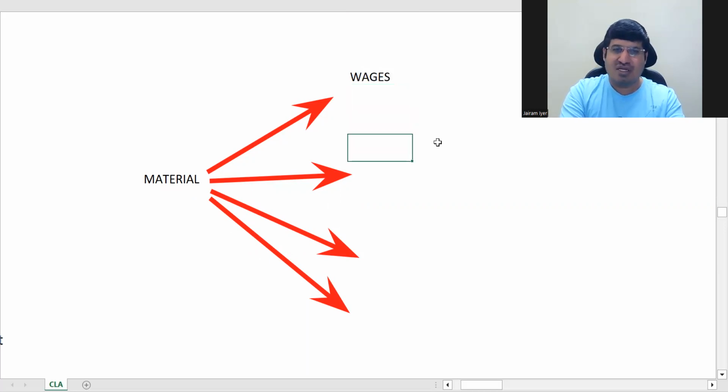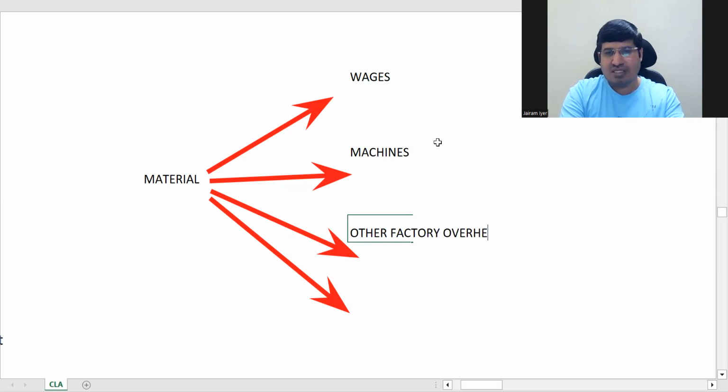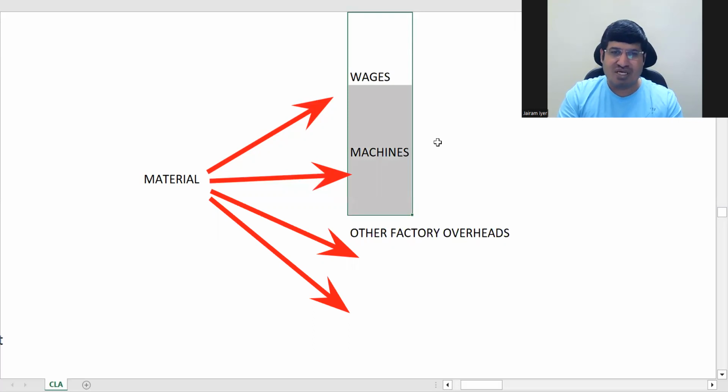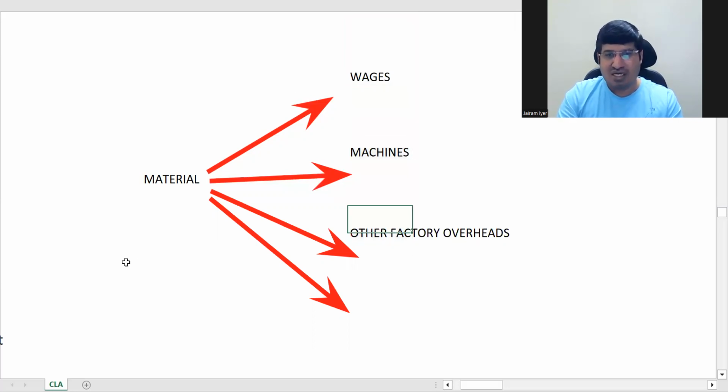Then let us say you are using some machines, then other factory overheads. All these things, what are you doing with all these? You are basically converting the material into a finished product. In the end, you also use some office overheads, selling and distribution overheads, all that.